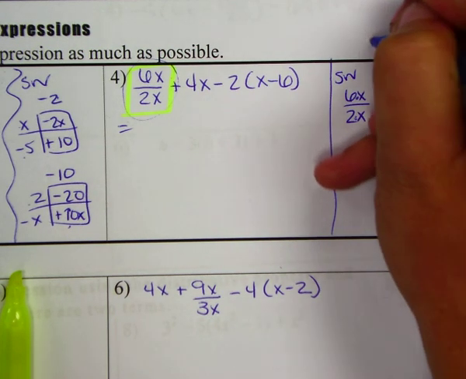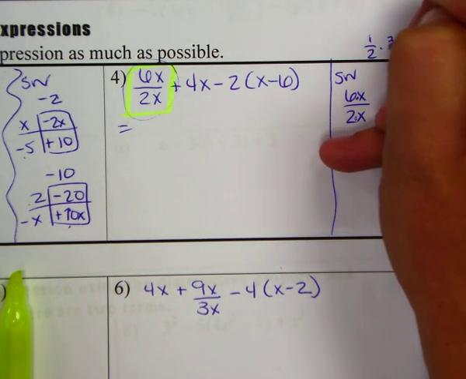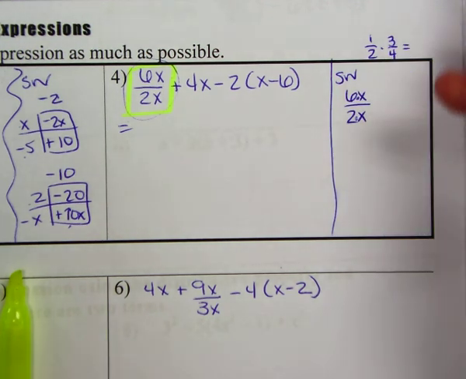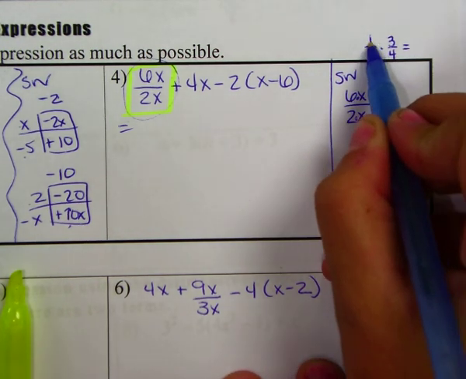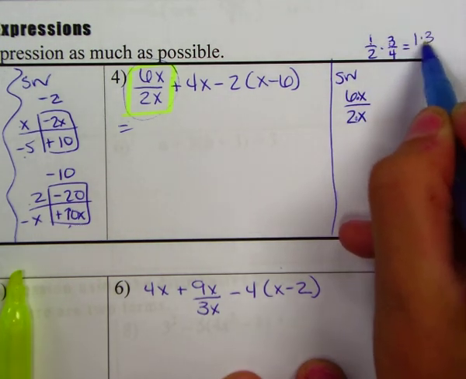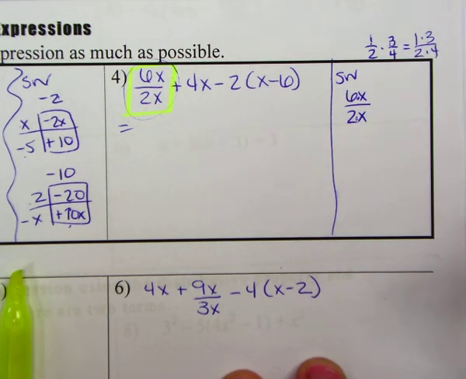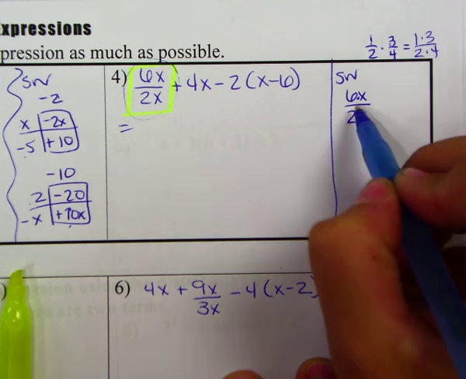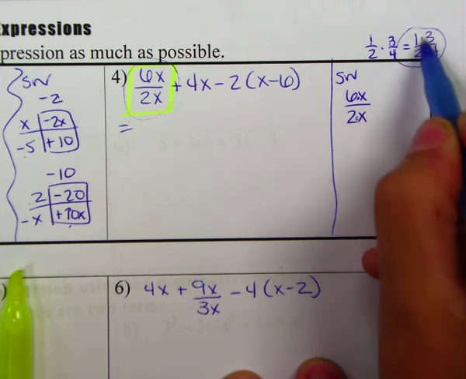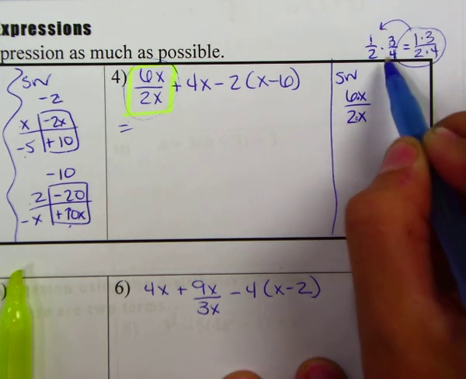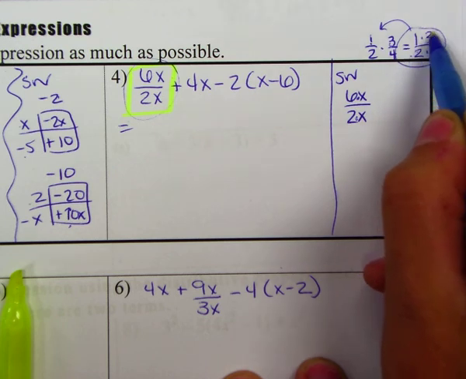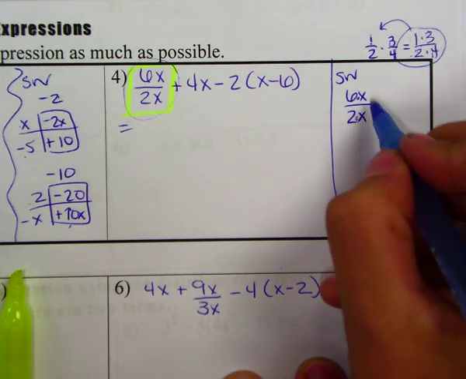Just like if you remember, we do 1/2 times 3/4, right? What we would do is 1 times 3 divided by 2 times 4, right? So really, if we wanted to, we can work backwards and start from this and rewrite it as 1/2 times 3/4. So we're going to do that for this one.